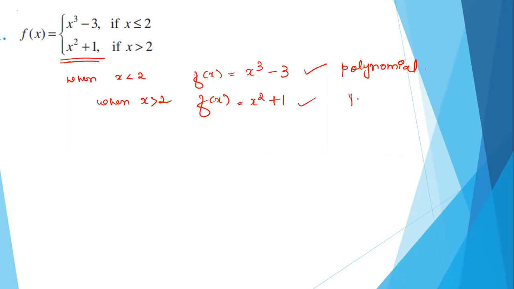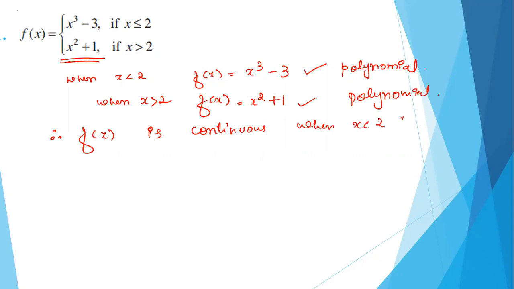And this is also a polynomial. So we can conclude therefore a function f of x is continuous when x is less than 2 and when x is greater than 2. We need to prove here for x equal to 2.